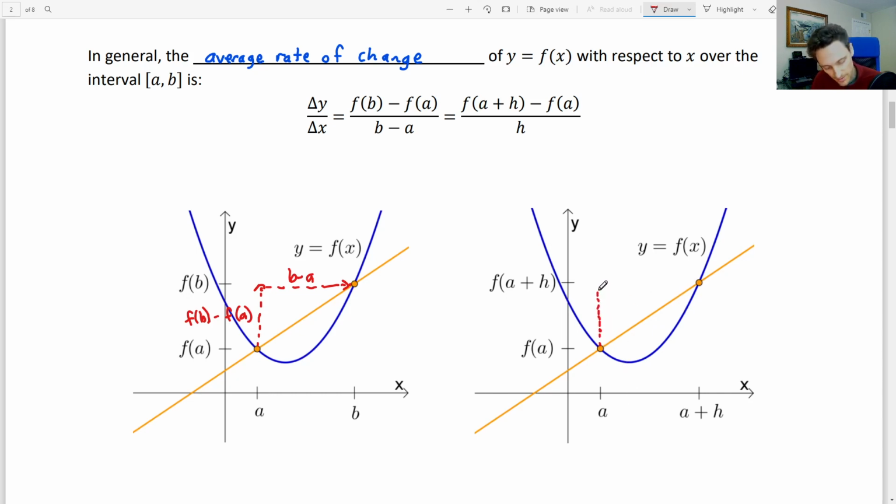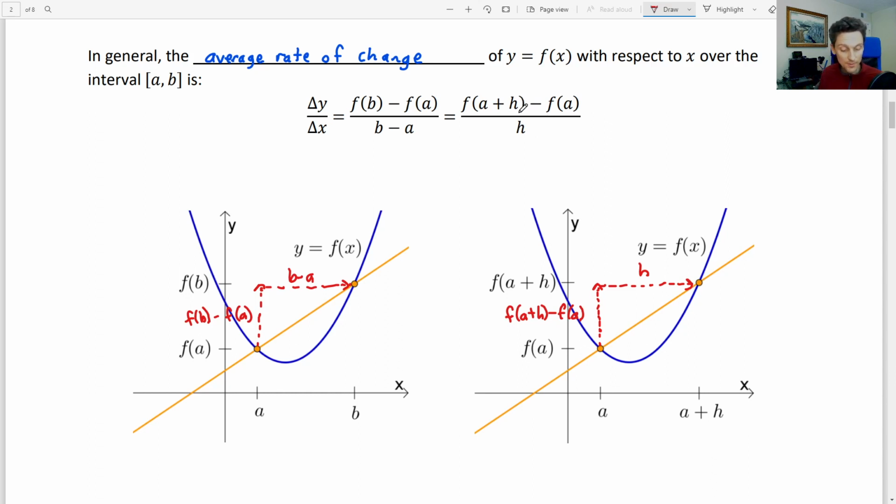Here the slope of the secant line is going to be f of a plus h minus f of a, and then the run is just going to be h. You can write a plus h minus a, but then the a is canceling, you just get h. So that's where this expression comes from, f of a plus h minus f of a all over h.